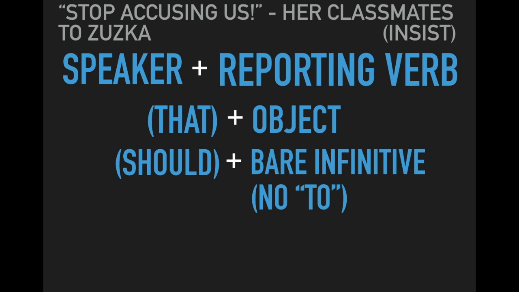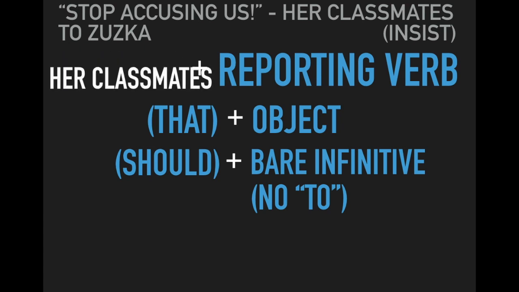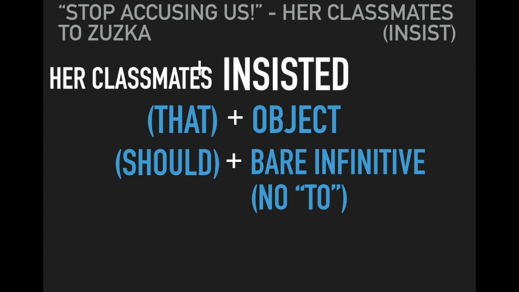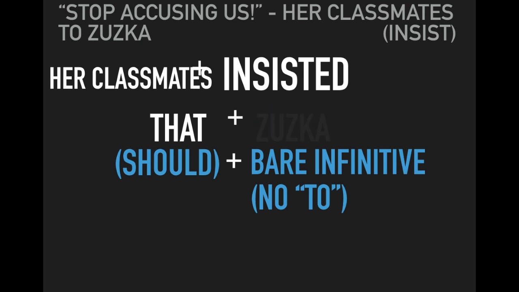All right, so starts just like all the other ones, easy. The speaker is her classmates. And we change the reported verb to past tense, so insisted. And I think in this one we will use the word that. But if you didn't use it, it's okay. All right, now we find who the classmates are talking to, and it's Zuzka. If you want, you can use should.